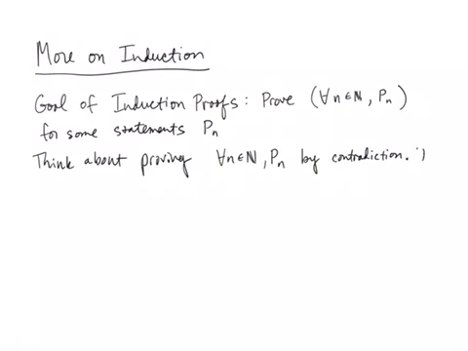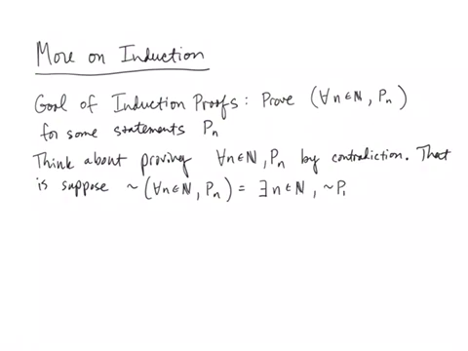That is, suppose that it's not the case that for all n in N we have P sub n. Well, that would mean we had the statement there exists an n in N such that not P sub n.